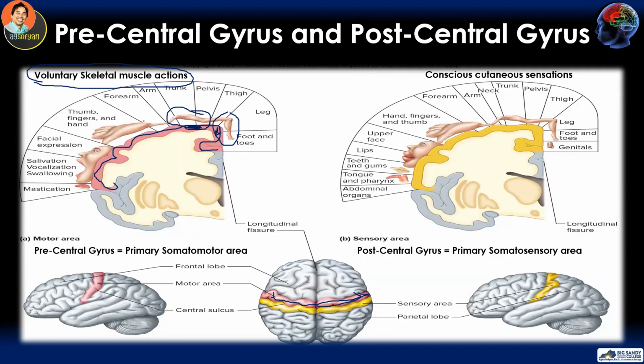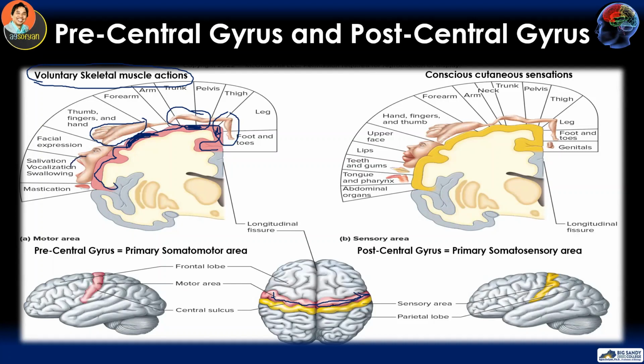And then look at this, the arms, hand, fingers. It actually has a very big area of the precentral gyrus that controls that action. So it means that we are able to perform many skilled movements of the hand and fingers, because it's controlled by a bigger part of the brain.